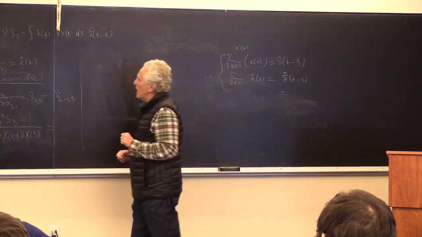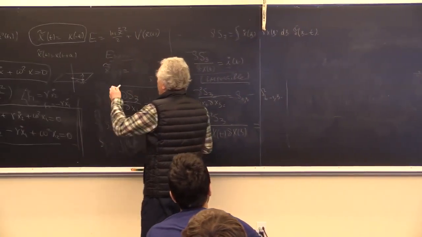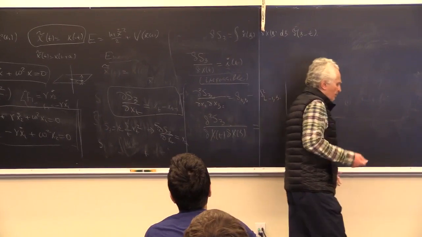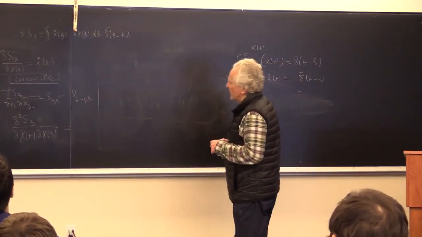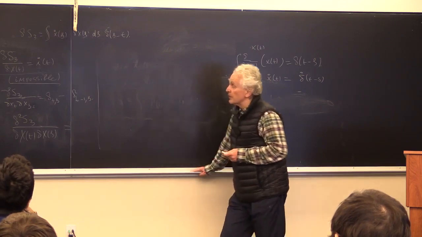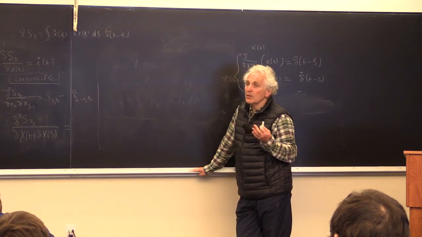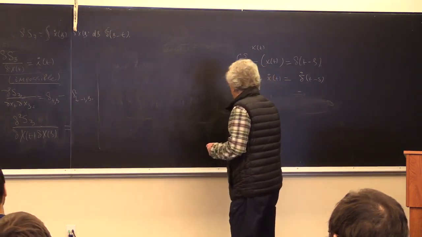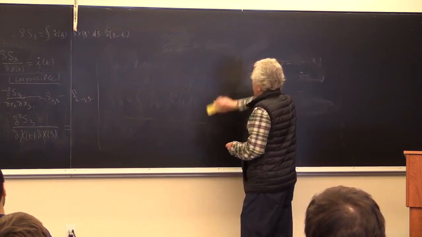So our question now is, as I said, we started with the action which was the difference between kinetic and potential energy. And all textbooks begin with this. The question is why is that? Can we understand why it happens? And again, symmetry is the answer.